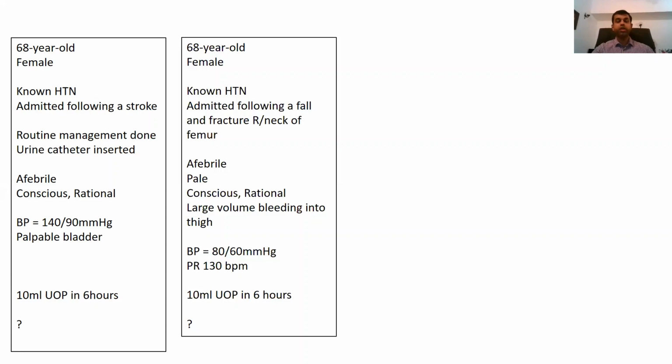Blood pressure is low at 80 by 60 millimeters of mercury, and the patient is tachycardic with a pulse rate of 130 beats per minute. And here again, on monitoring, they notice that the patient has only passed 10 milliliters of urine over the last 6 hours. So what might be causing this oliguria?